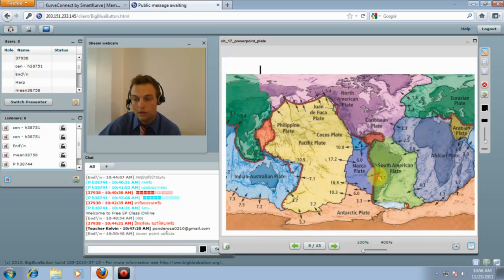You can see by these two arrows here that this ocean plate is connecting with this land plate. And you can see this red line here and these arrows, okay?